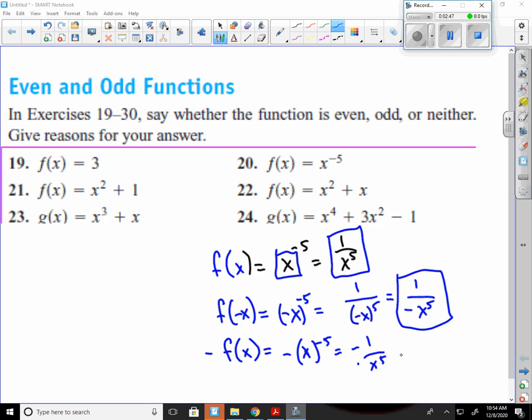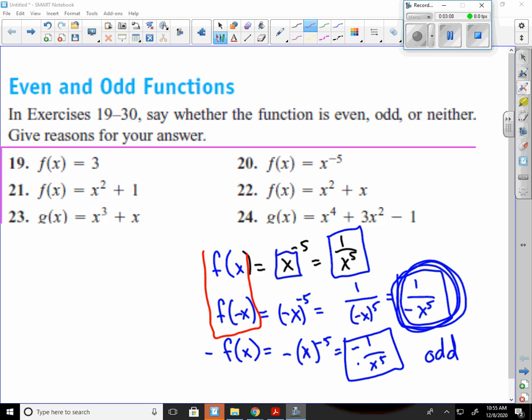It stayed negative. So this is the same as this one. Since they're both the same, that makes this an odd function. So it's even if these two are the same, and it's odd if these two are the same.